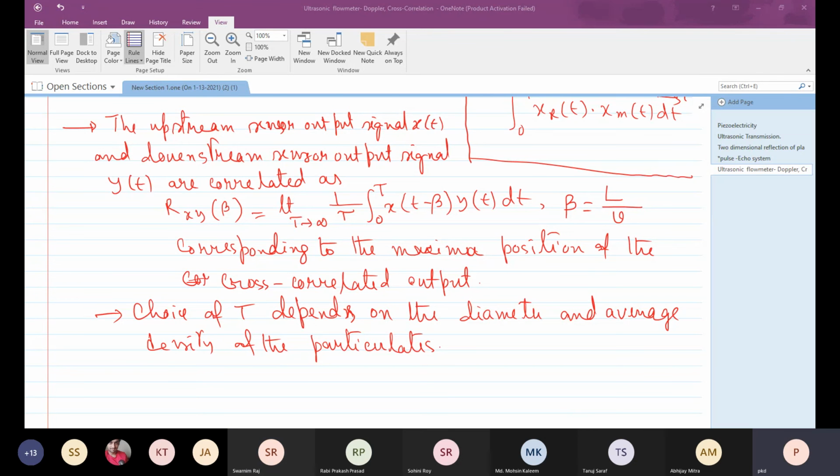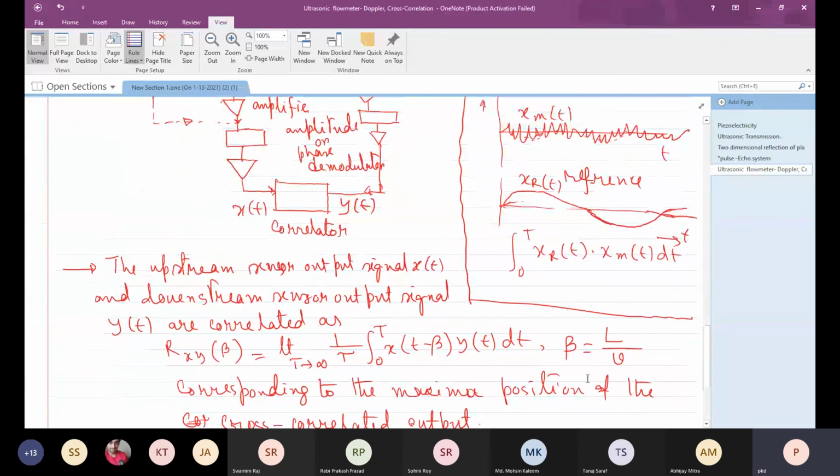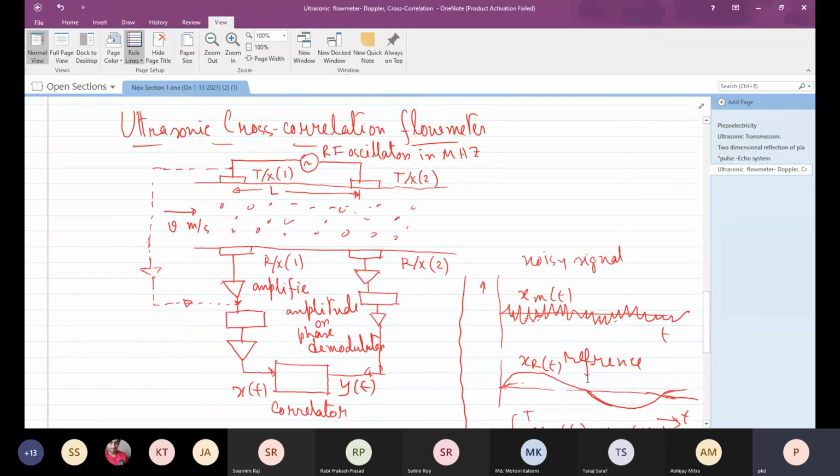So the pattern here, X(t) patterns, depends on this scattering. So some patterns will come. Suppose the pattern is like this.